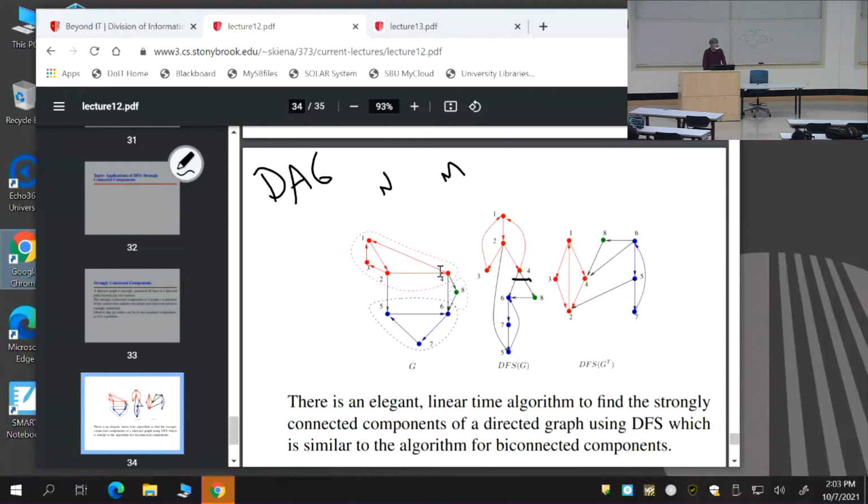Yeah? 0? It's not 0. Is a vertex by itself a component? Can I get between any pair of vertices in that component? Can I get from me to me? Yeah. So an isolated vertex would be its own strongly connected component.